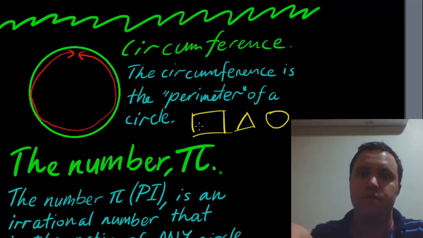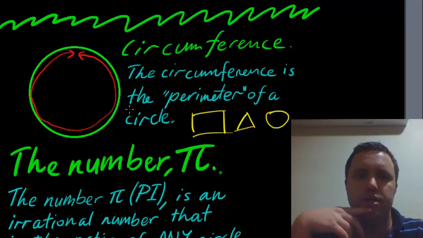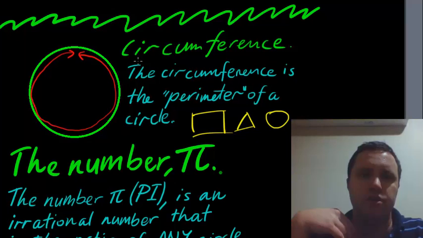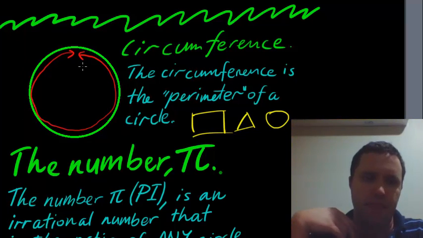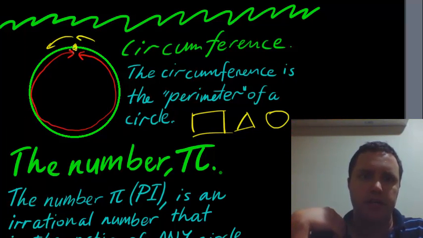Perimeter is for regular polygons, but circumference is a special word reserved for circles. It is like the perimeter of the circle. So all this part around the edge, forget about the middle. Circumference is just, if you're walking around the circle, how far is it? To go from this point here, travel around until you come back to here. That's the circumference of a circle.